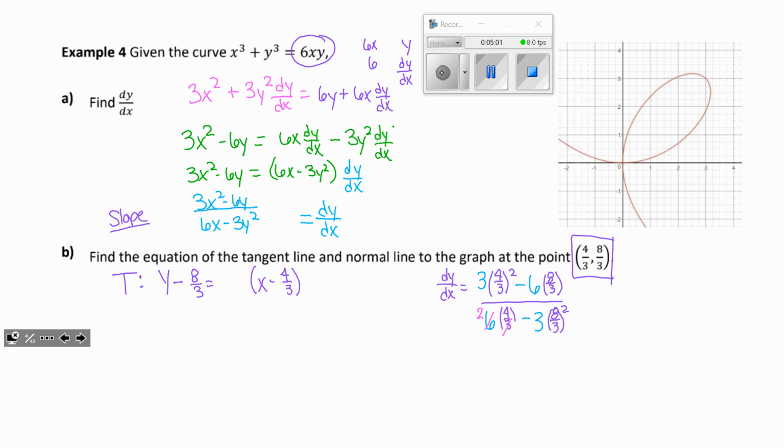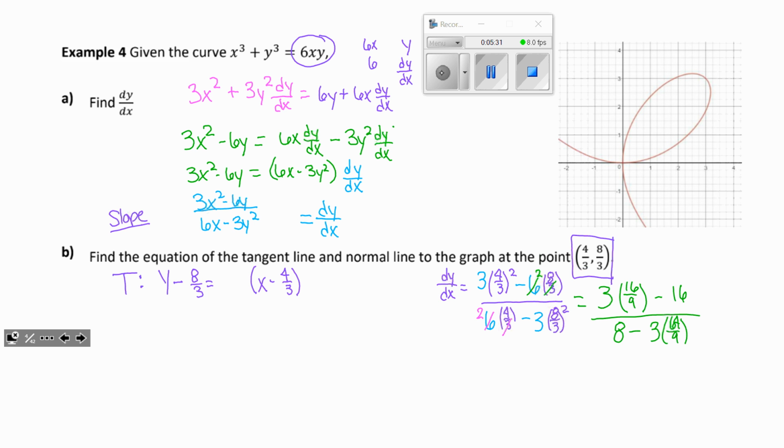Okay, now we can start fixing this. So I'm going to have 3, and it looks like I have 16/9 minus, this is going to cancel, minus 16. I have 8 minus, looks like 3 times 64/9.